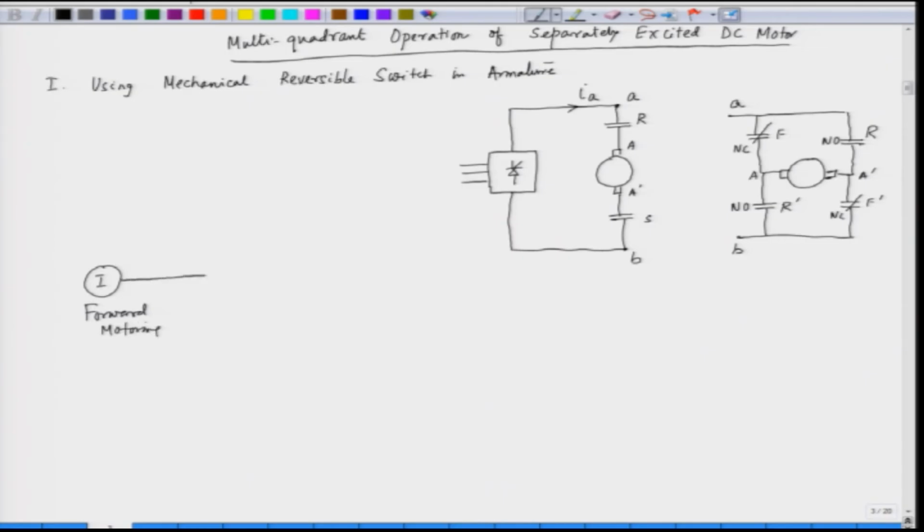If you want to reverse the quadrant, we go to step 2, which is forward braking, where we have to go for braking here, and then the third one is the reverse motoring.